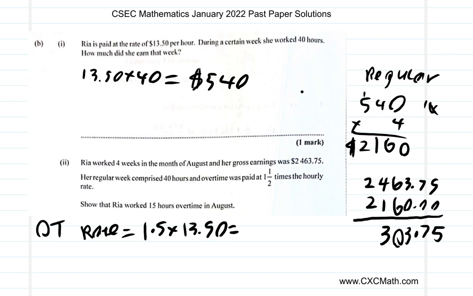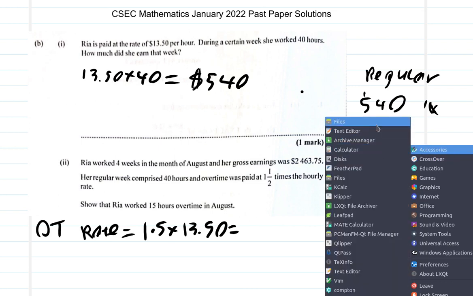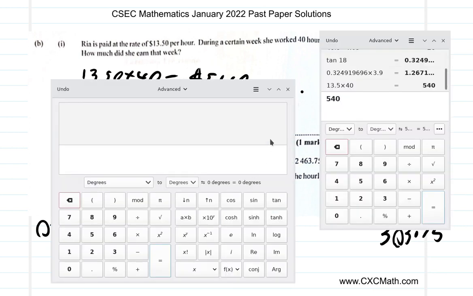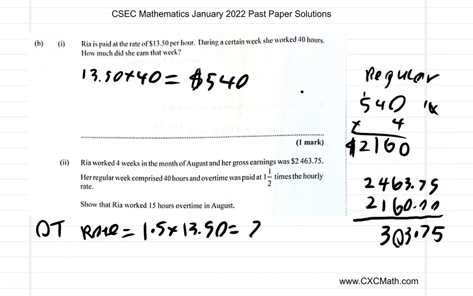So what is the overtime rate? Alright. The overtime rate that she's paid is 1.5 times the $13.50, which is $20.25 per hour. So it's $20.25 per hour for overtime work.